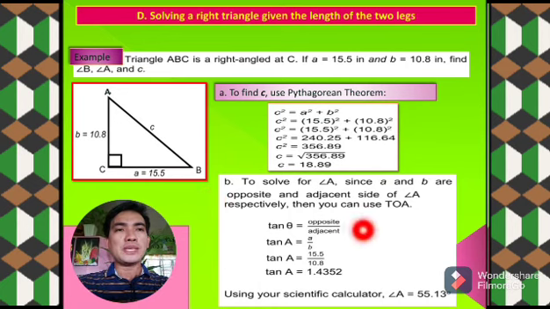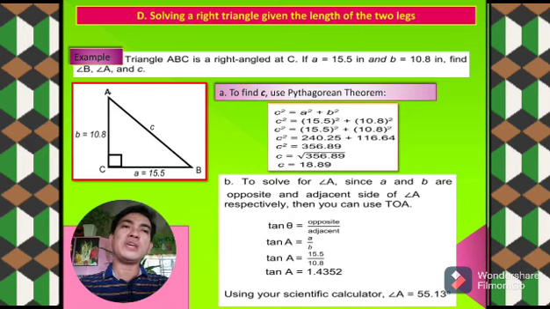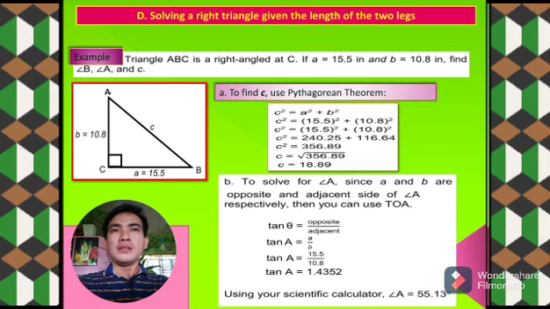As we substitute, you would have tangent A is equal to 15.5 over 10.8. As we simplify, that would be 1.4352. Since you'll be using your calculator, you would have angle A therefore is 55.13 degrees. Okay? So you'll be only looking for your angle A. Is that clear now? So let's now proceed.